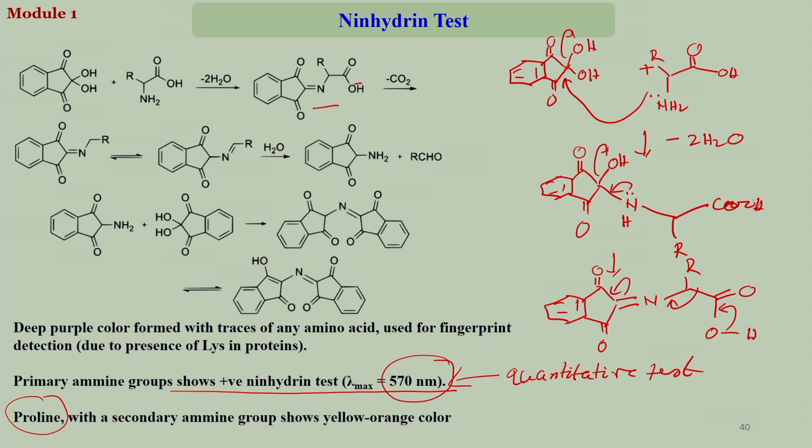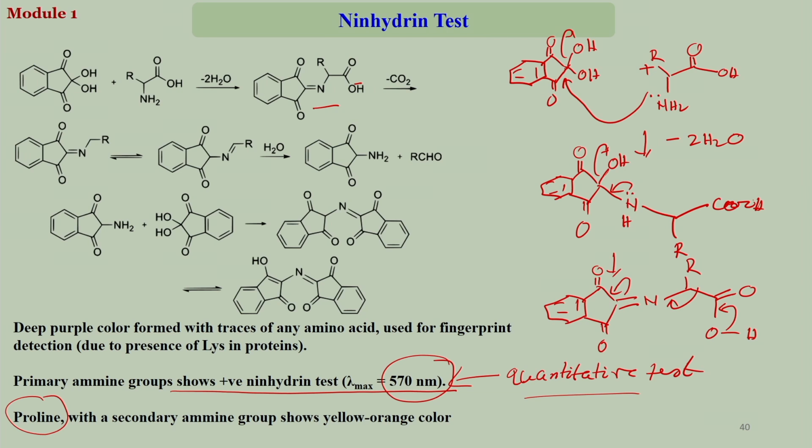That depends sometimes on the other stuff that is surrounding it. Around 570 nanometer wavelength, it will show you the absorption maximum, and if you calculate the quantity of it, then you can find out exactly how much amino acid was present.